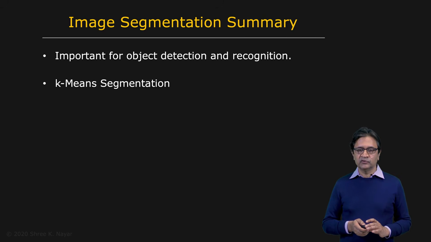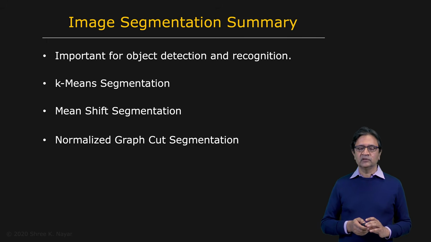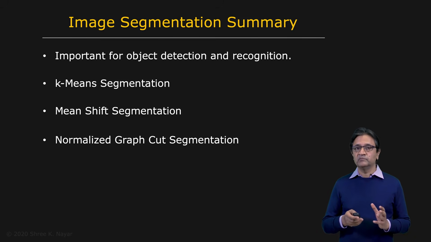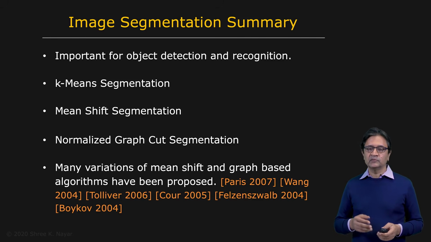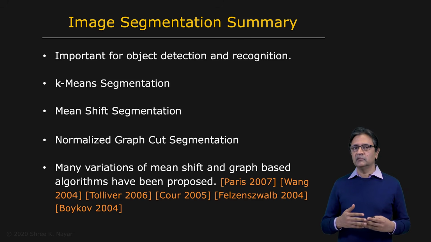Then, as an improvement to k-means, we looked at the mean shift algorithm. And finally, we looked at normalized graph-cut segmentation. I should mention that what I've described here are the most basic versions of the algorithms, and particularly when it comes to mean shift and graph-based algorithms, there have been many improvements that have been suggested, which you can find in the literature.